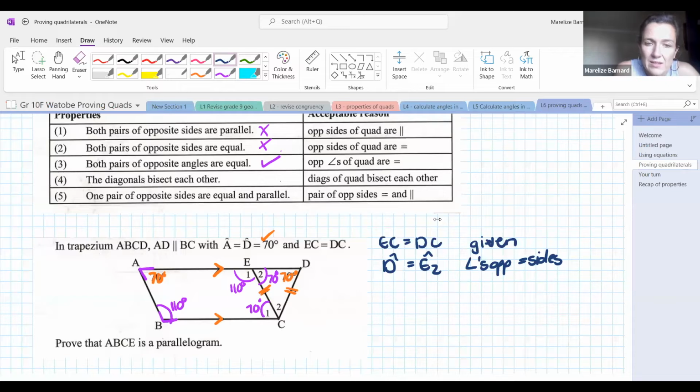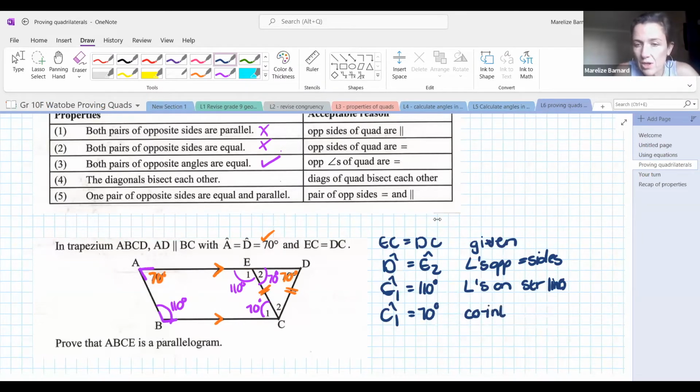And because of that, E1 is equal to 110, angles on a straight line. So you basically have to put every step down. We can say C1 is equal to 70, and you can use alternate angles or co-interior angles here. Remember to say that AE is parallel to BC.